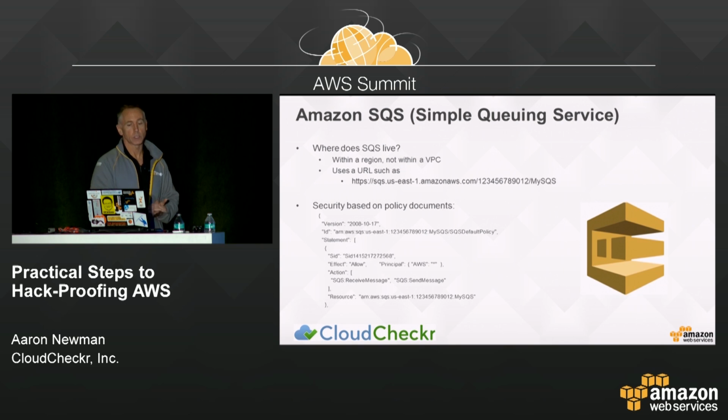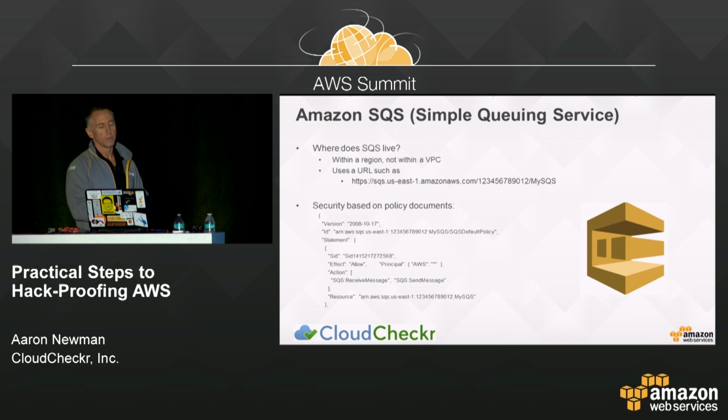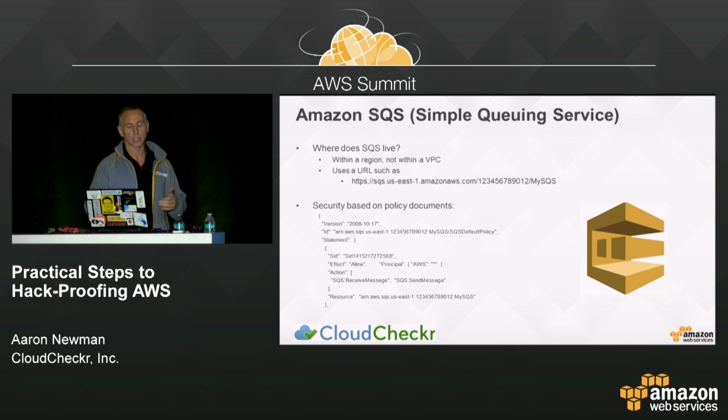SQS, another service. Where does SQS live? Not within a VPC, it's within a region. And you have things like that URL there. Anyone can publicly access, or attempt to access, an SQS queue by going directly to the URL like that. This is based on security policy documents, so again, a little bit different than your standard IAM.